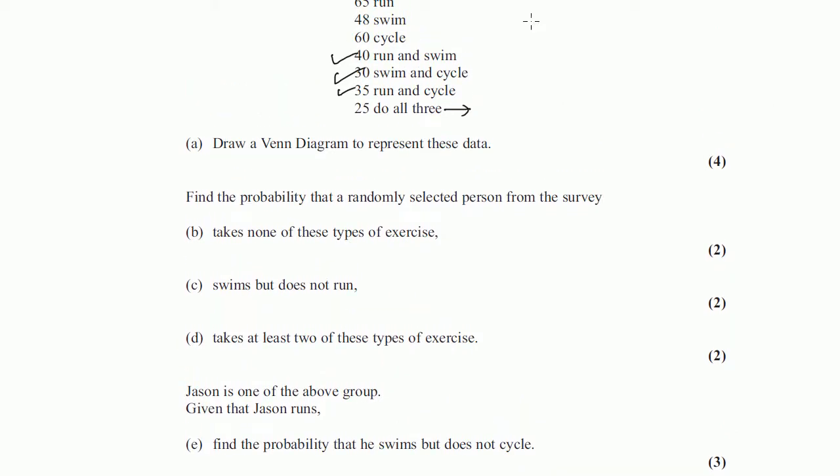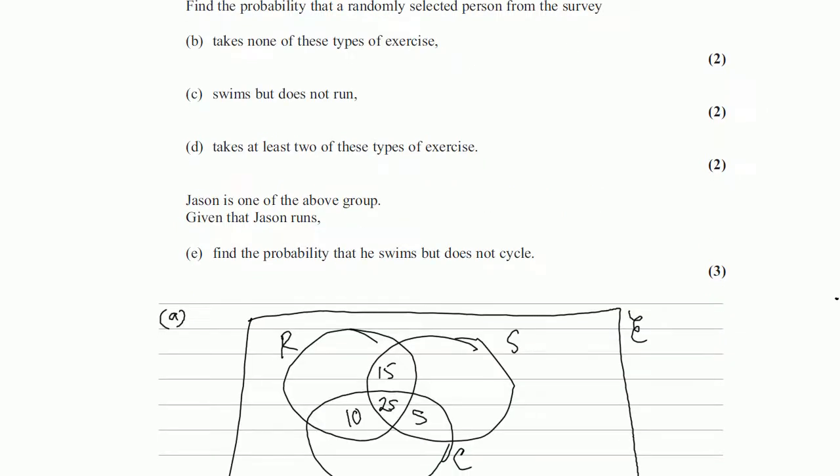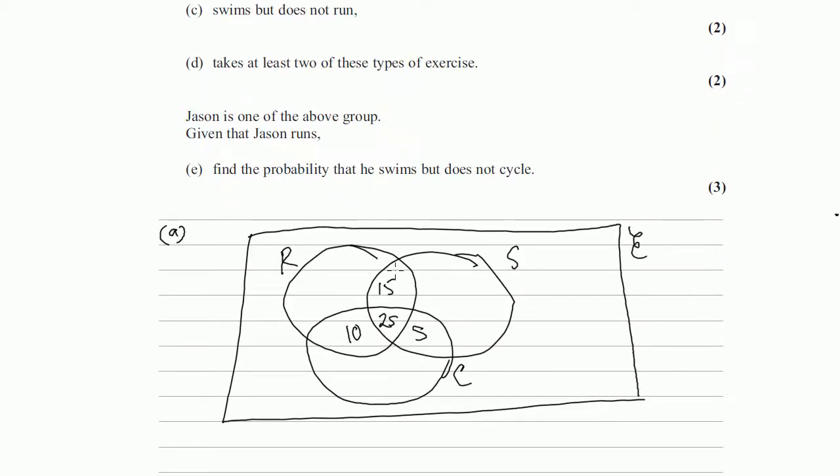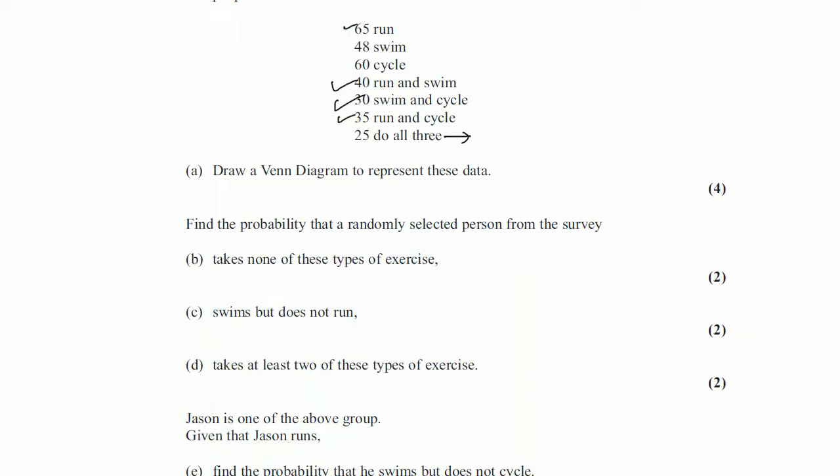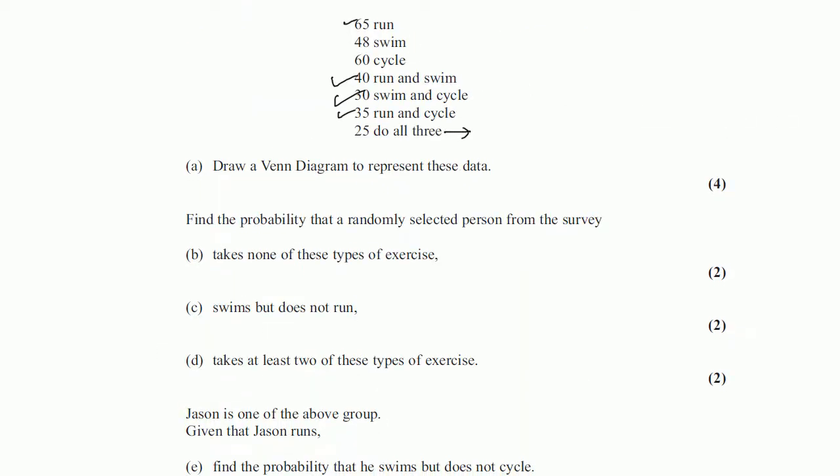Now we know that run is 65. The entire circle run is 65. So if this whole thing is 65 and this is 40 and this is 50, this means it is 15. Now the next one is swimming. That is 48 swim.